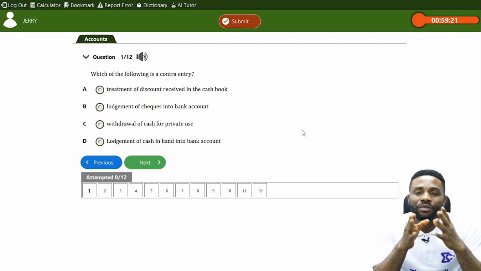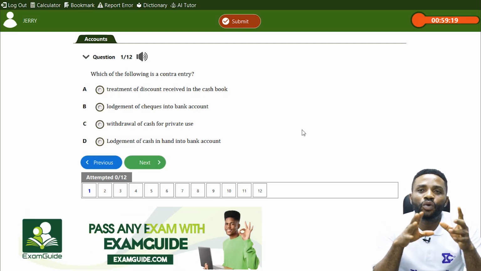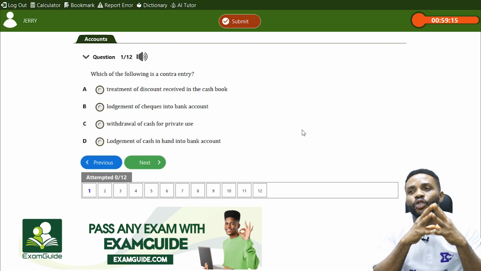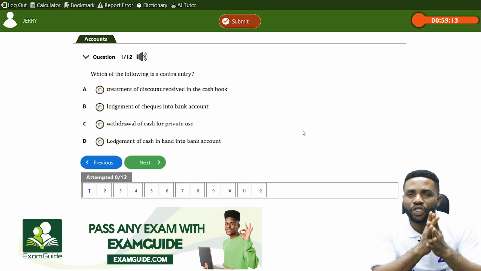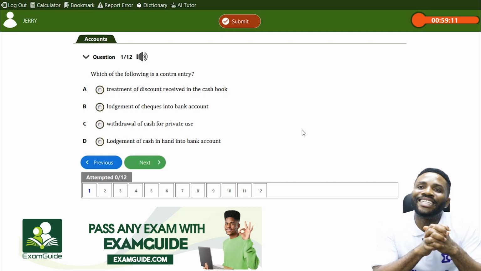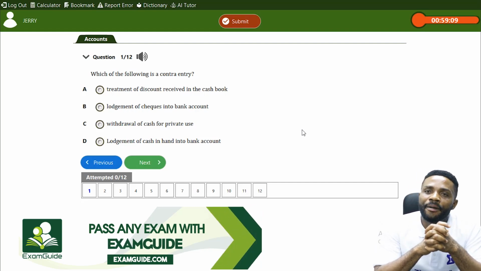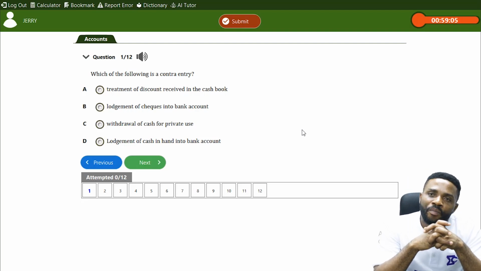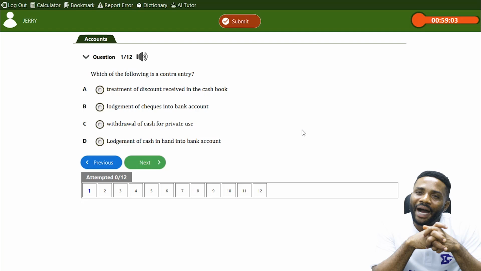So the examiner sometimes may want to check if you really understand the concept of contra entry. Like this question now, which of the following is a contra entry? A, treatment of discount received in a cash book, which is not true. Lodgement of checks into the bank. Withdrawal of cash for private use. Lodgement of cash in hand into the bank.